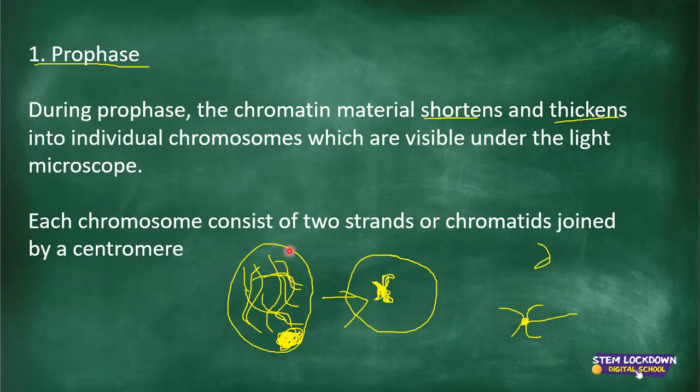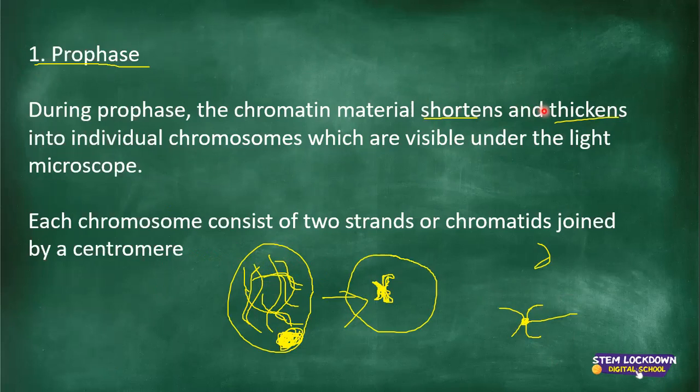So chromatin will do what? It will thicken and shorten to form this chromosome, which has a centromere. So this is drawn like this. What actually happens in prophase? This is when the shortening and thickening of the chromatin material happens.